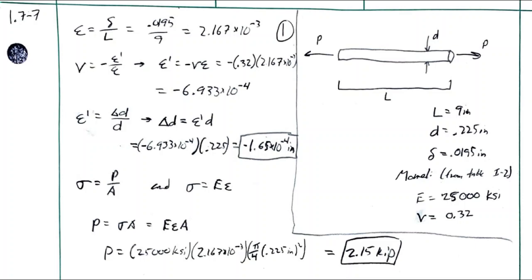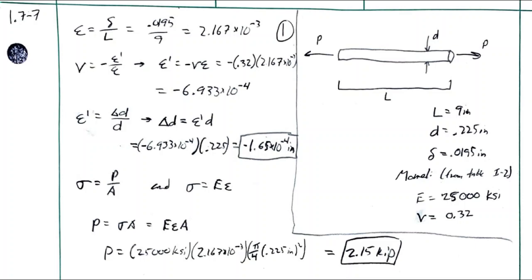So for the change in diameter, we need to start with finding epsilon in the strain direction, in the pulling direction. So that's going to be in line 1, epsilon equals delta over L, and plugging in numbers, we find epsilon, which is about 0.002. Then using our definition of Poisson's ratio, we can find the strain in the lateral direction, or in the perpendicular direction.